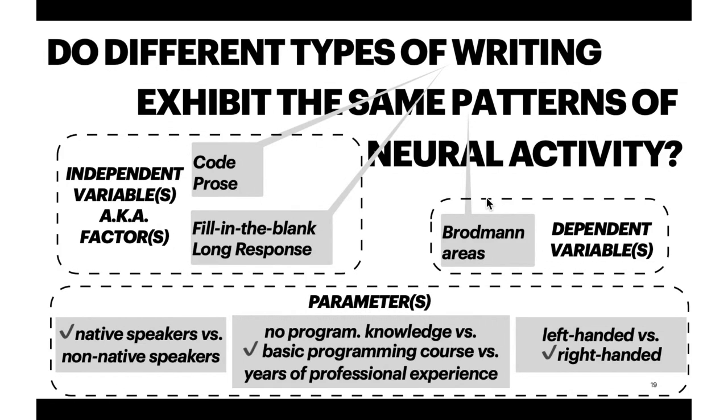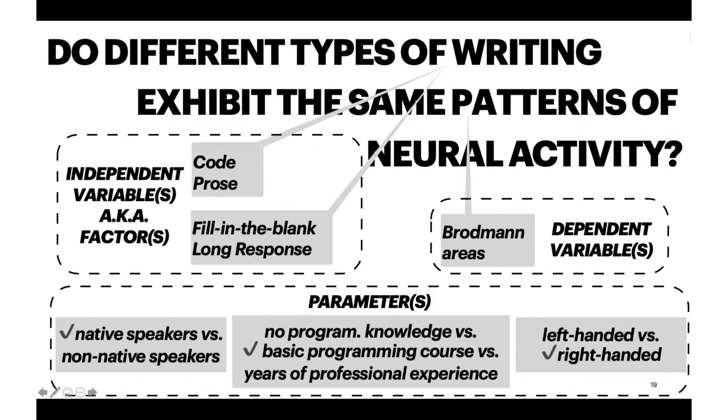However, this also means that the results of the study cannot be directly generalized to non-native speakers, to professionals, or to left-handed individuals. So the moment we are fixing parameters, we are losing generalization. And this is exactly this balance between control and generalizability we have talked about during the research strategies discussion.